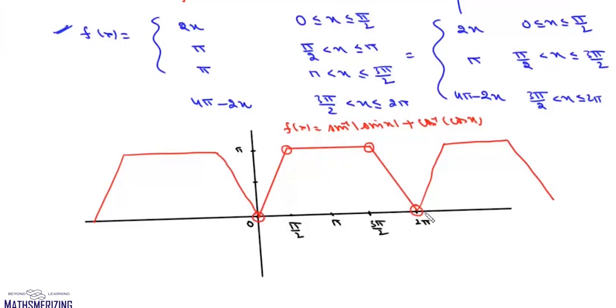So it is not differentiable at odd multiples of pi by 2 and at 2n pi. So it is not differentiable at x equals 2n pi and (2n plus 1) pi by 2.